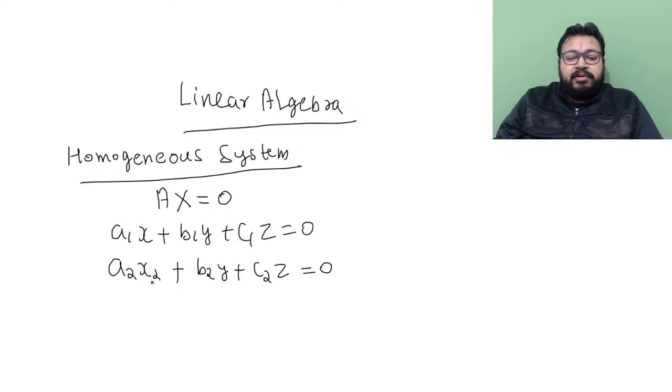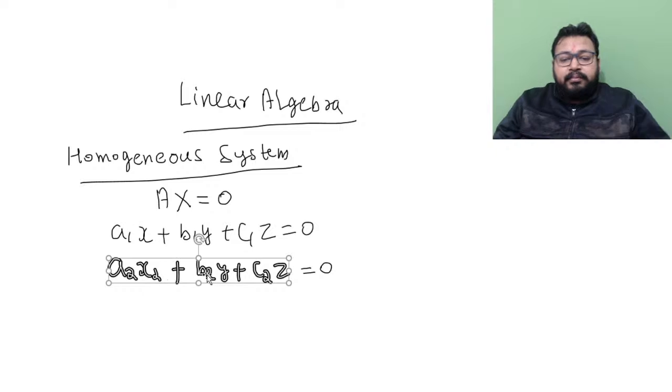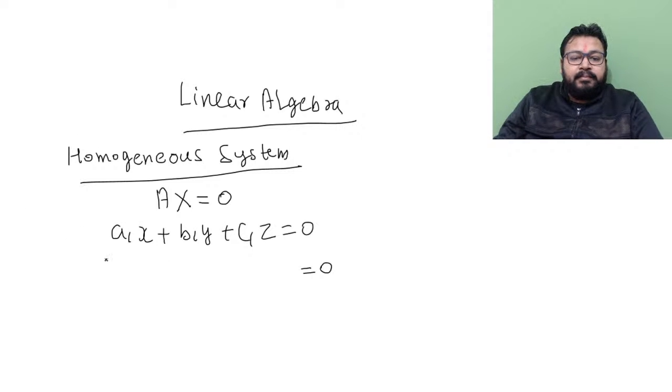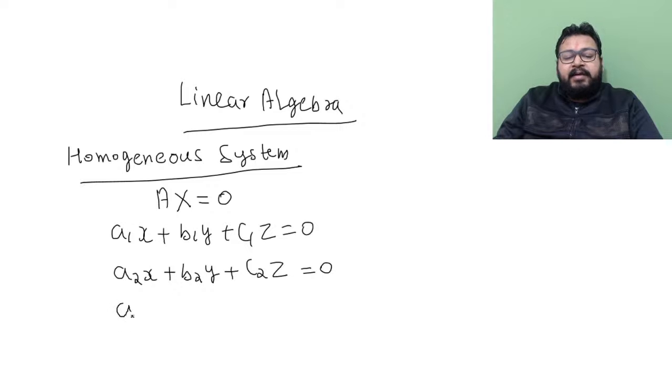This is equation number 2. And then we have A3x plus B3y plus C3z equals 0. So these are the three equations that we have.